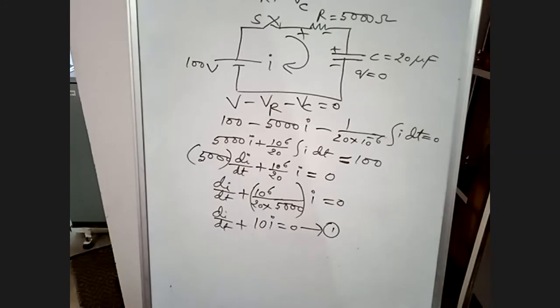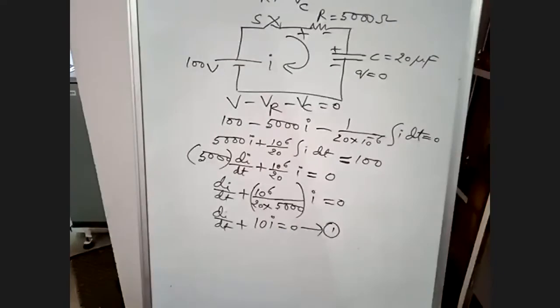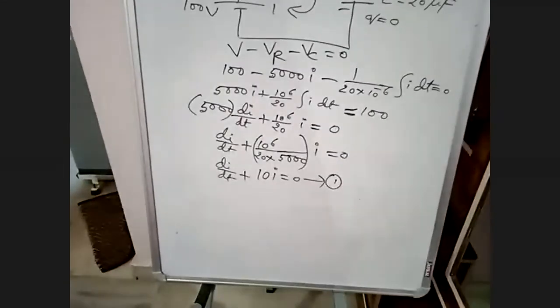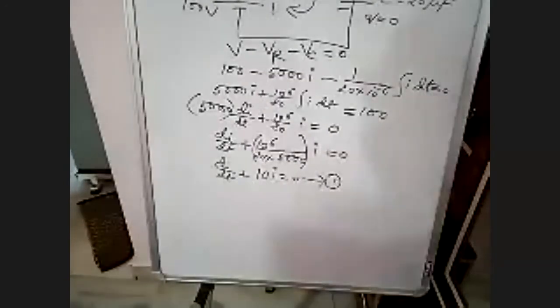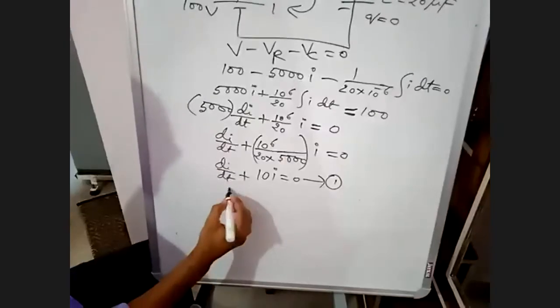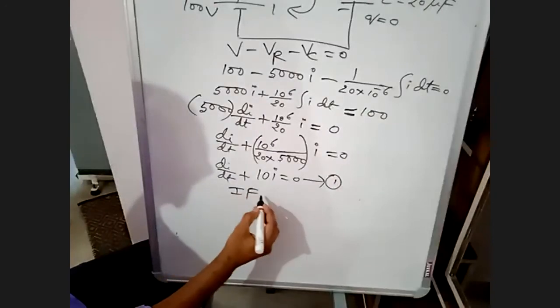Are you getting 10? Yes, sir. Okay. Now we have to determine the current equation. For determining the current equation, what you have to do? Taking the initial condition, first you have to determine the integrating factor. After that you will apply it.